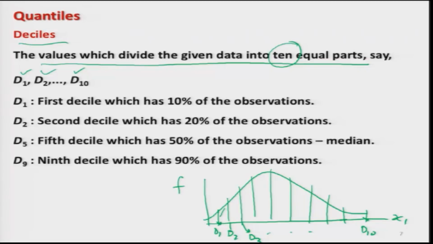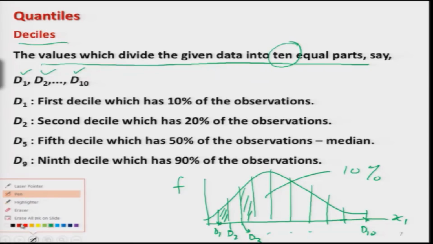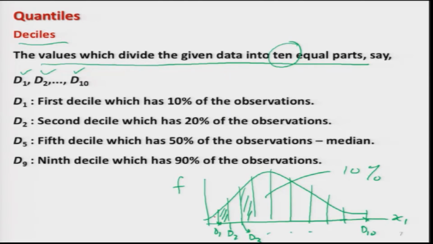And every partition will take care of only 10% of the frequency. So, I can say here that this first partition takes care of only 10% of the frequency. So, I define D1 as the first decile, which has only 10% of the observations.